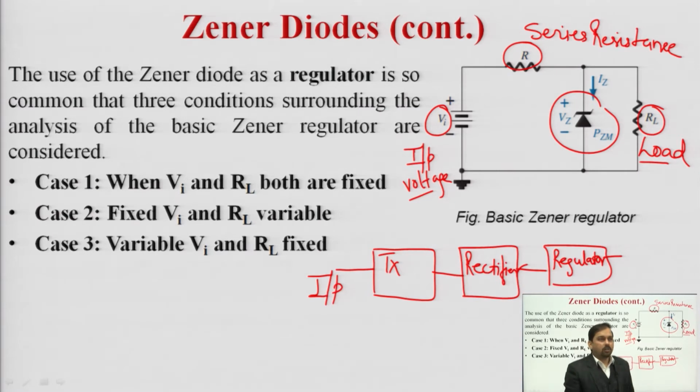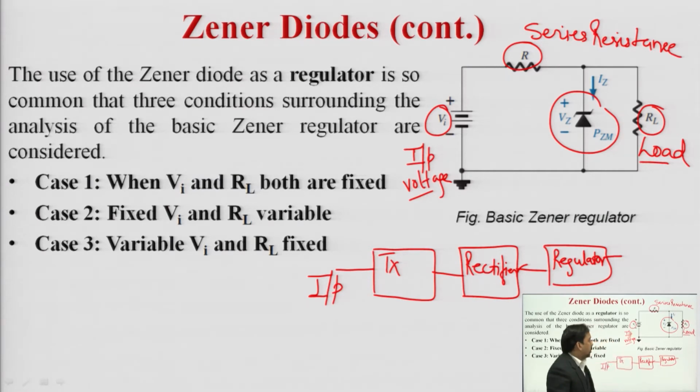The second case is when Vi is fixed, the input voltage is fixed, and the load is variable. We can attach a variable load at the output and we need to check whether this regulator circuit is providing a constant voltage or not. If the regulator is not providing a constant voltage, then our appliance will not work properly.